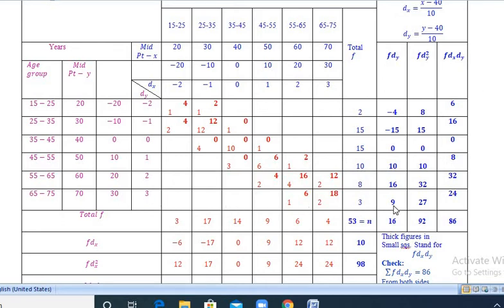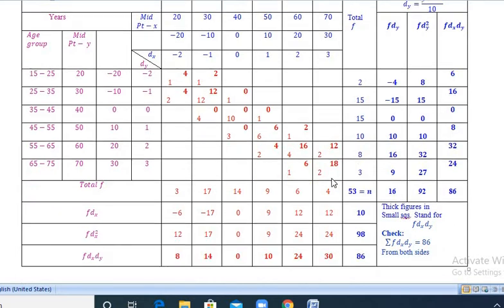And similarly, we need to compute f dx. Here f is 3, dx is minus 2. Their product is minus 6. Here f is 17, dx is minus 1, that is their product is minus 17. Here f is 14 and dx is 0, it is 0.